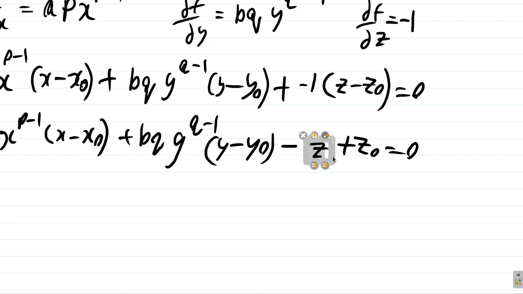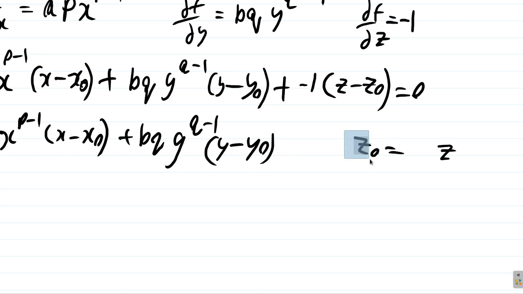Then you have it added here. Alright? So you see that? You add z to both sides. So you're going to have a minus z naught. What you need to do now is add z naught to both sides. Suppose you do that.